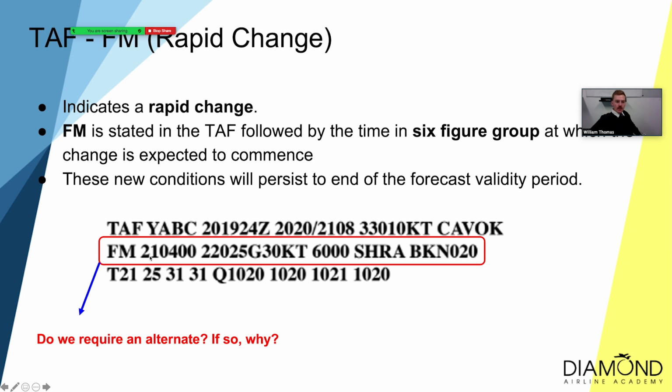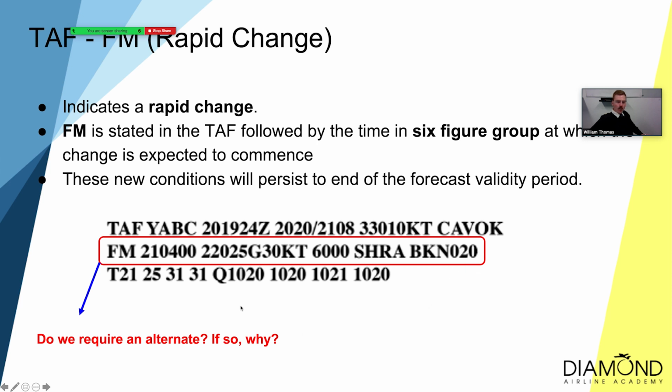From 21st day of the month 0400, these conditions are forecast to exist. Wind coming from 220 degrees true, 25 knots, gusts up to 30 knots. Visibility, 6,000 metres. Showers of rain, broken cloud, 200 feet.